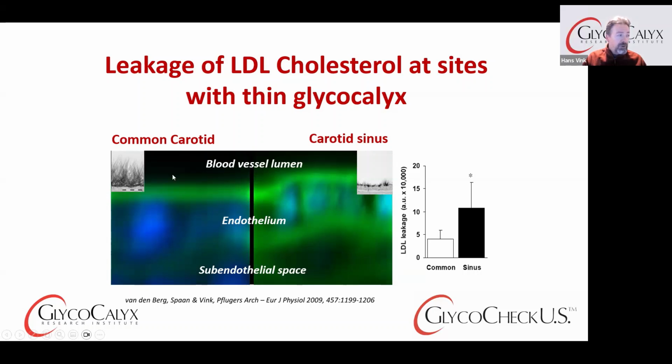So none of the cholesterol actually leaks into the vessel wall or passes the endothelium. In contrast, a little bit downstream at those sites of recirculation and impaired glycocalyx synthesis, already within a few minutes, a lot of the green labeled LDL cholesterol leaks over the glycocalyx in between the endothelial cells and starts accumulating in the subendothelial compartment in the vessel wall, triggering a local inflammatory response.